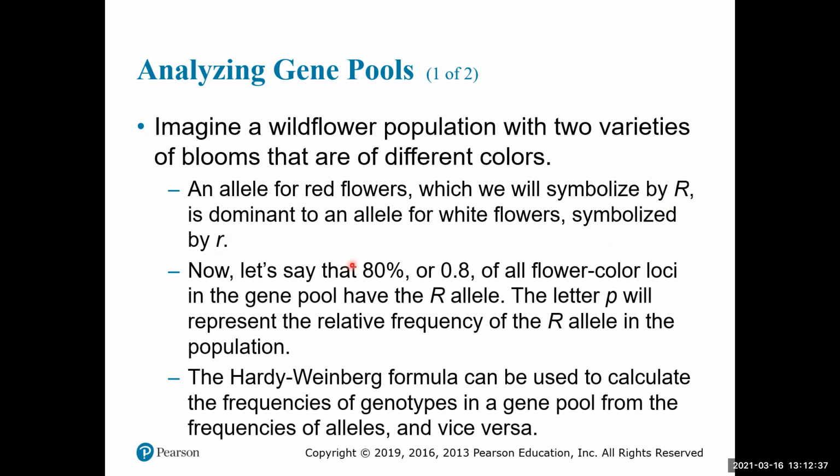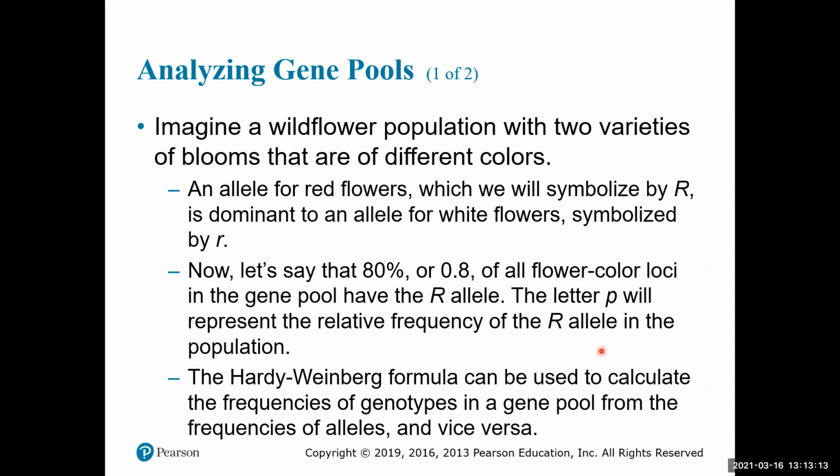Now let's say that 80% of the population has the dominant R allele. So 80% of the individuals have that dominant R allele, and that percentage is represented by the letter P. And we can use that to calculate the allele frequency for the lowercase or recessive r allele, the white allele.